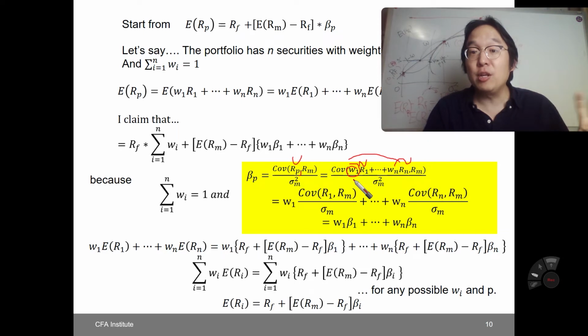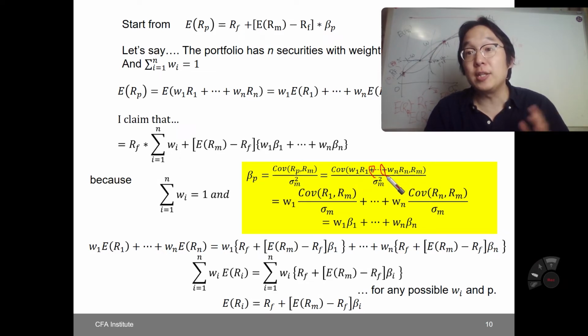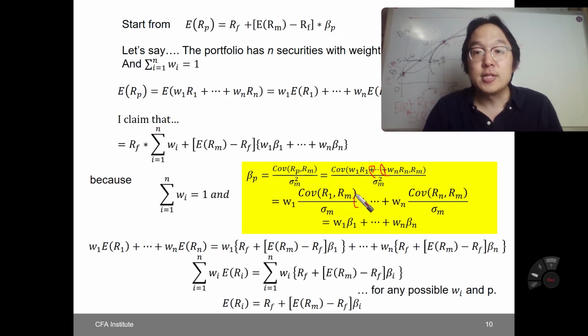The property of covariance, right? The property of covariance says, well, plus. If it is a linear combination of random variables, you can split it into separate covariances like this, and then one random variable's covariance with the RM should be a separate covariance.